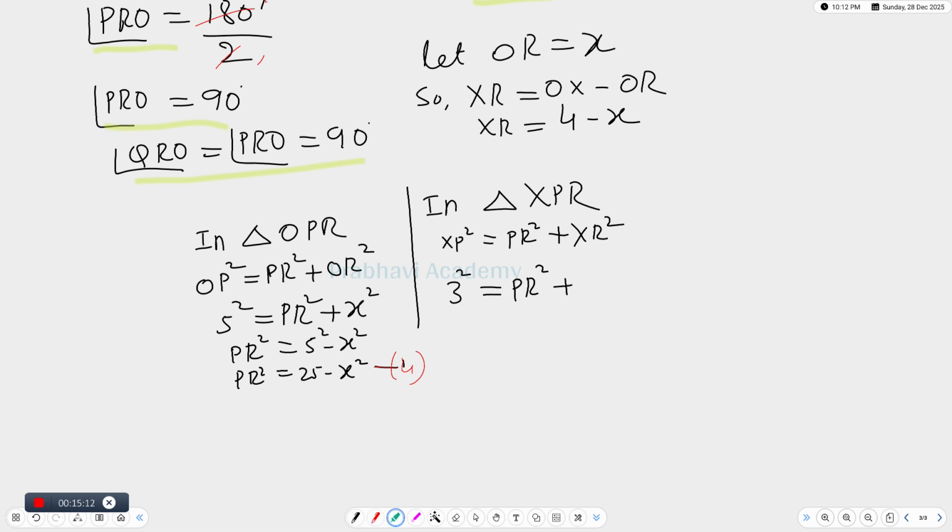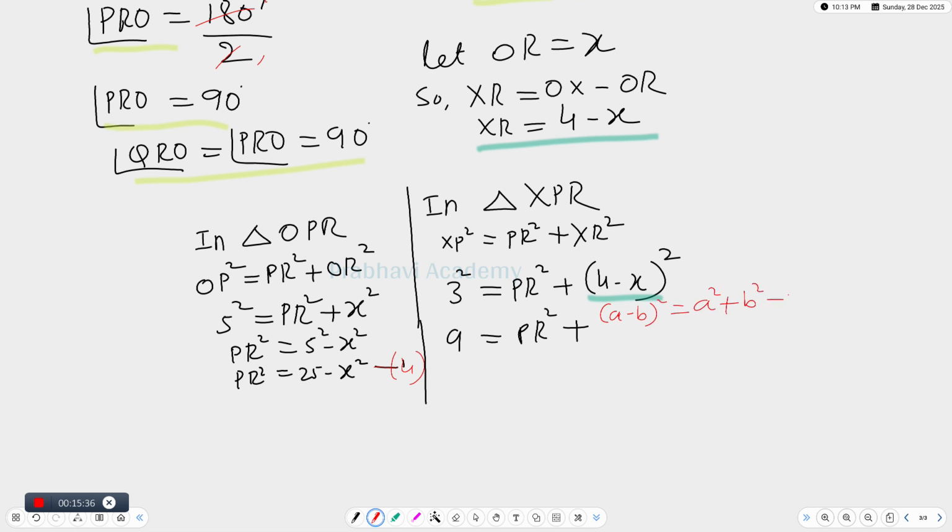XR we have already taken as 4 minus X, so its square. Now 3 3s are 9. PR square plus 4 minus X whole square, which looks like a minus b whole square, that is equal to a square plus b square minus 2ab.